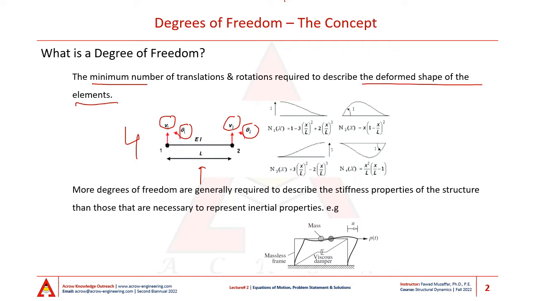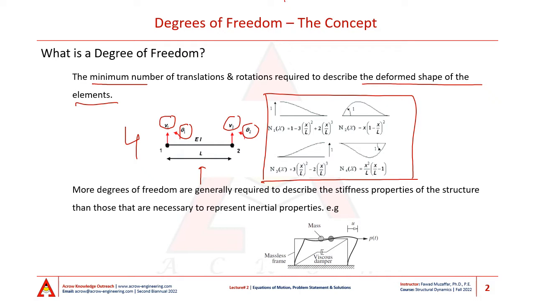Now, on the right side of the figure is shown how these four translational and rotational degrees of freedom are related to the deformed shape of the continuum, and this is by using shape functions.